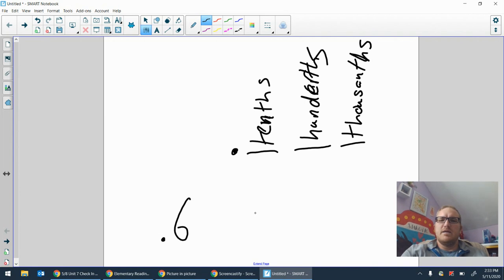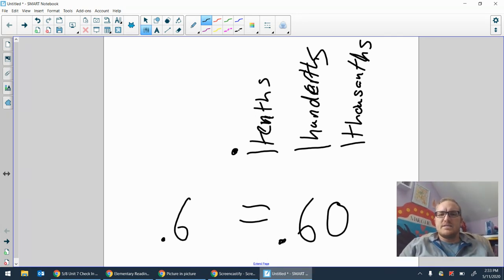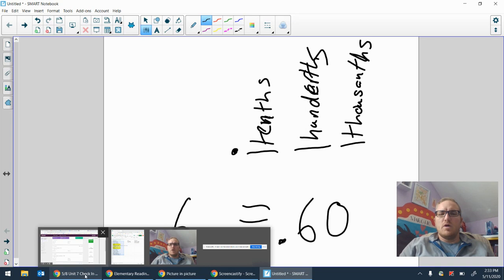That's in our dime spot. And then when we go over here, 60/100, well, it takes 60 pennies to make that. So we have 6/10 and 60/100. Those would be equal because 6 dimes is equal to the same amount as 60 pennies. It's the same worth, the same value.